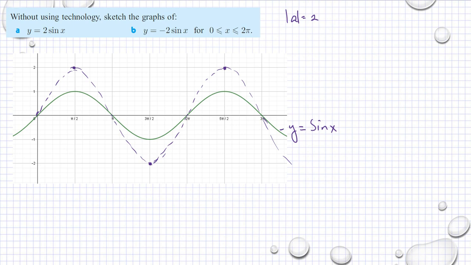But if we're going to put the graph here, it will look different, because instead of the first maximum point being 2, now we have a minimum point here, and our maximum point is here instead.